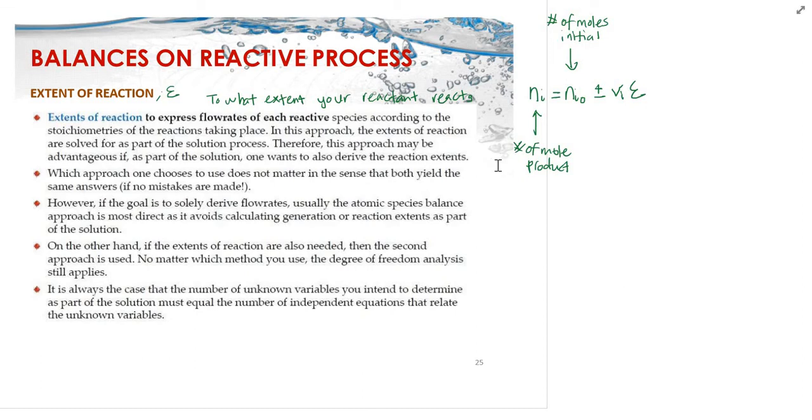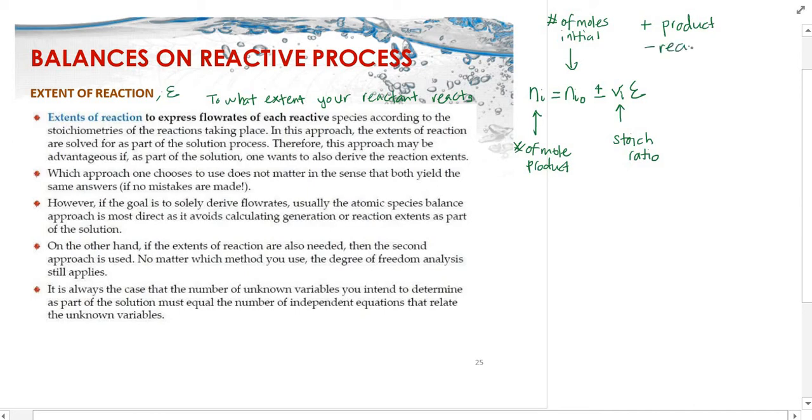And you have V here, which is the stoichiometry ratio, with a plus or minus sign before it. Plus is when you are dealing with a product, and minus is when you deal with a reactant. We will look at this later. And E is the extent of reaction.